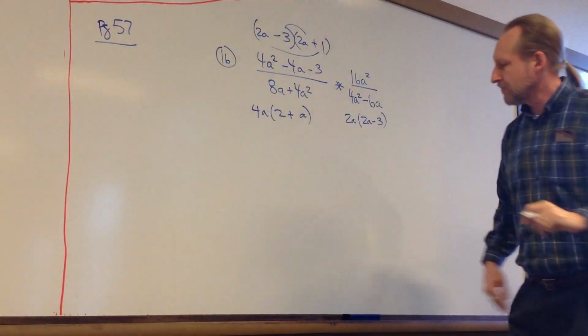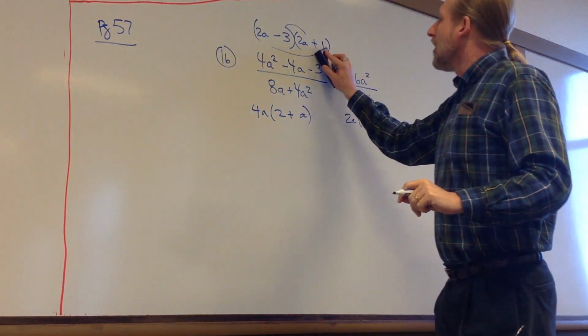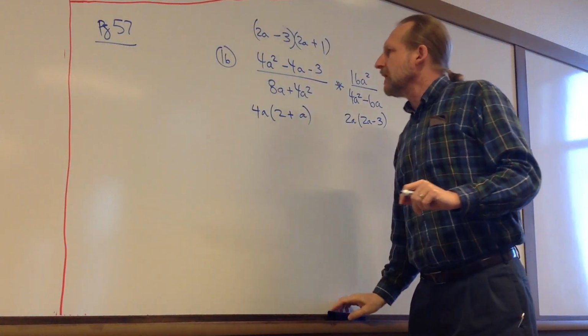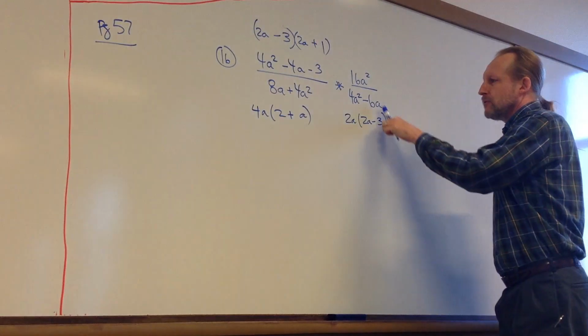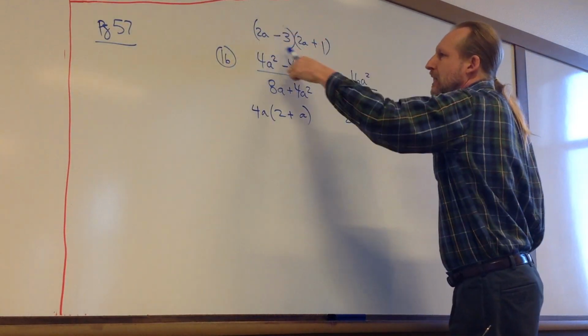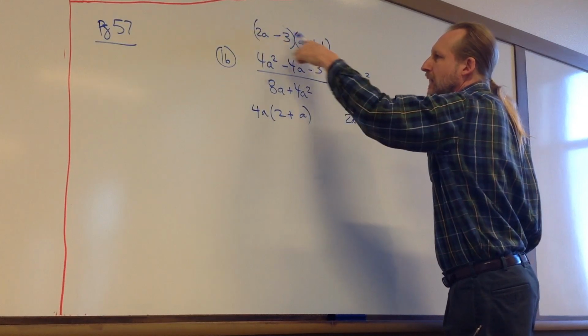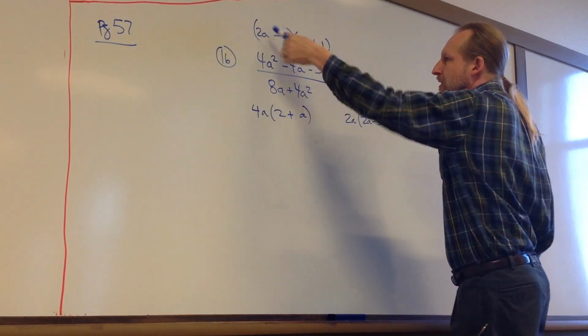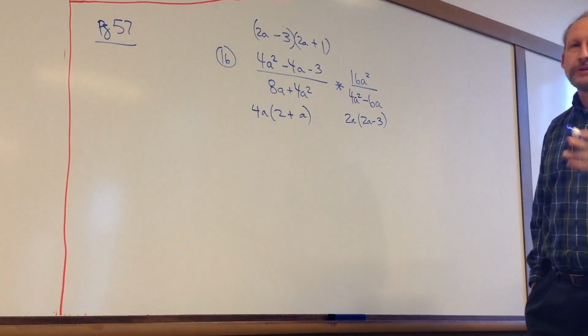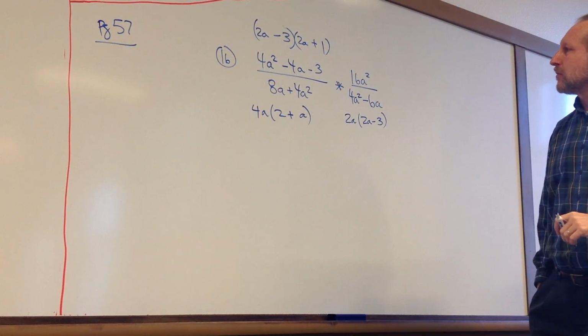That gives us negative 4a. Something that you can do with these problems, it's not a guarantee by any means, but if you see something like this in the denominator, that might be a hint that it's more likely to have a 2a up here than it is to have the 4 times 1. And I'll talk about that more as we go through these problems.